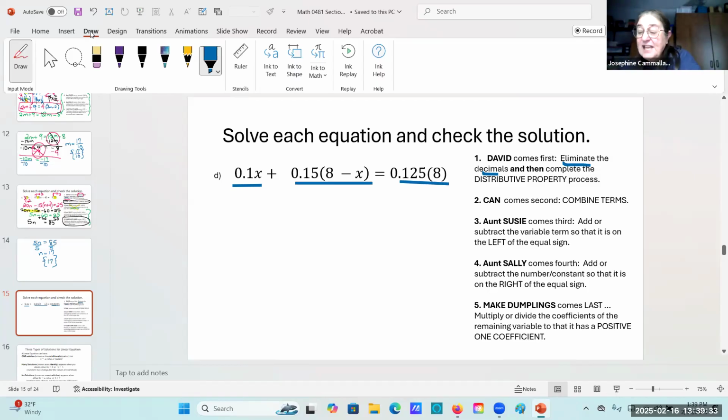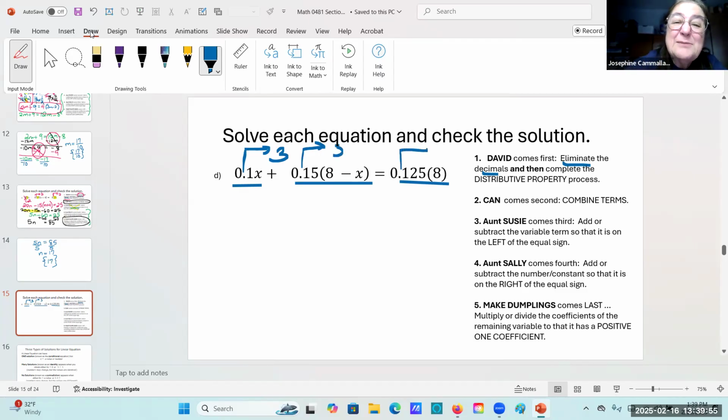Now, because I have 3 decimal places, that's the maximum number of decimal places, which means this decimal is moving to the right 3 places. This decimal is moving 3 places to the right.